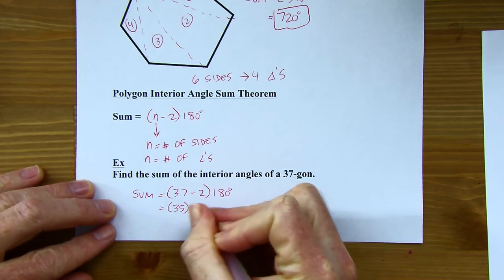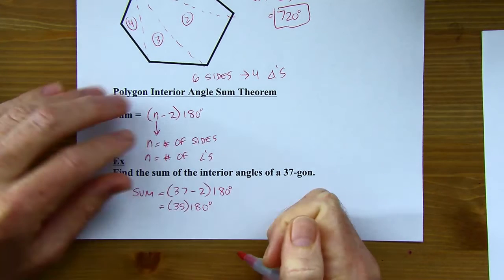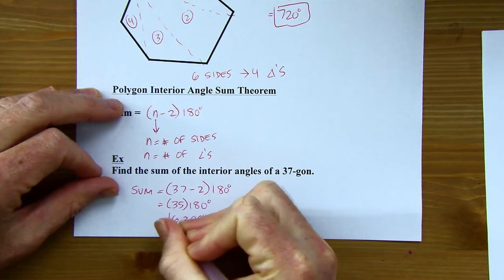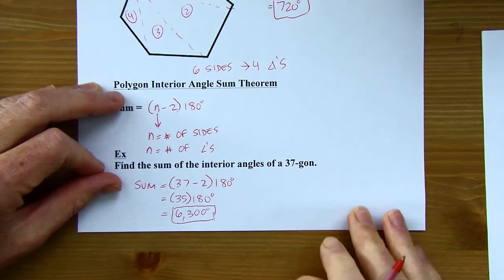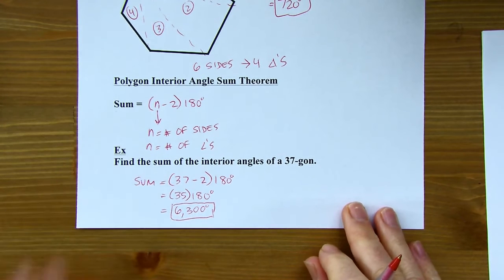Okay, so here I've got 35 times 180 degrees, and that's going to come out to 6,300 degrees. So I'm glad I didn't spend time trying to draw that out and cutting it up into triangles, because it would have taken a while, right? I would have ended up drawing 35 triangles.